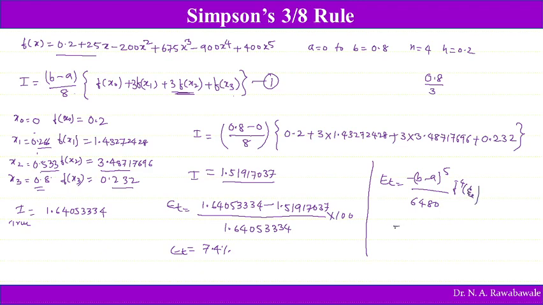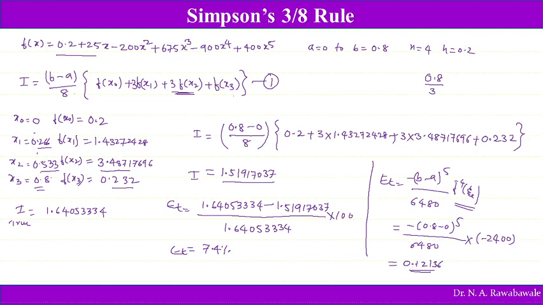So now b minus a is 0.8 minus 0, to the power of 5, divided by 6480 into minus 2400. We have calculated it in the previous lecture itself. So this truncation error is going to be 0.12136. So this error is also reduced.